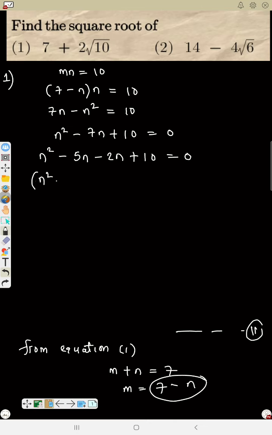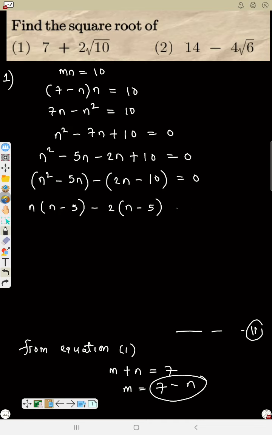So we have n squared minus 5n then minus 2n plus 10 equals 0. Now n is common here, so we have n, minus 5, then minus 2, n minus 5 equals 0.